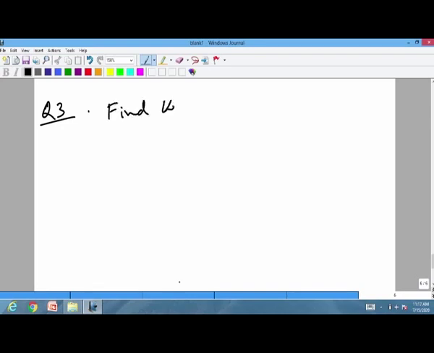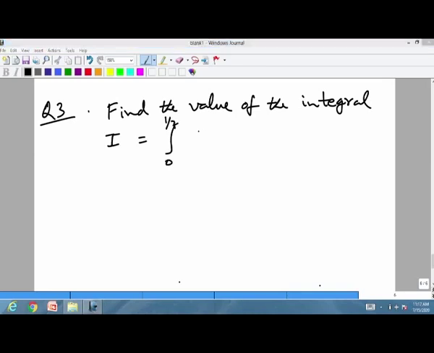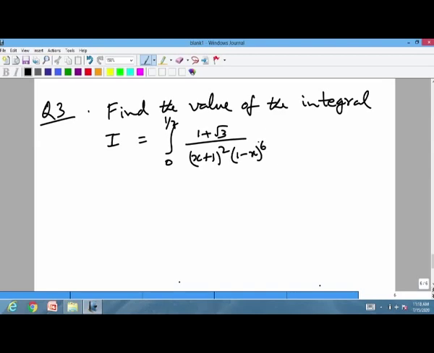The question is find the value of the integral I is equal to integral 0 to half of (1 plus root 3) divided by ((x plus 1) square times (1 minus x) raised to power 6) whole raised to power 1 by 4 dx.